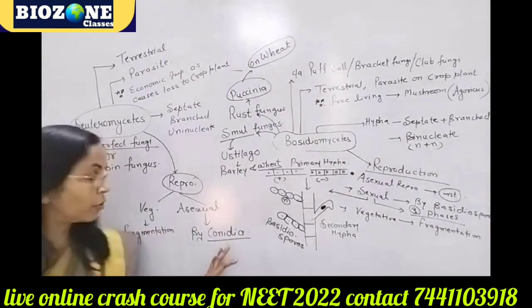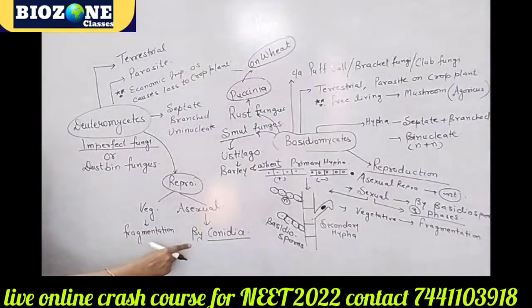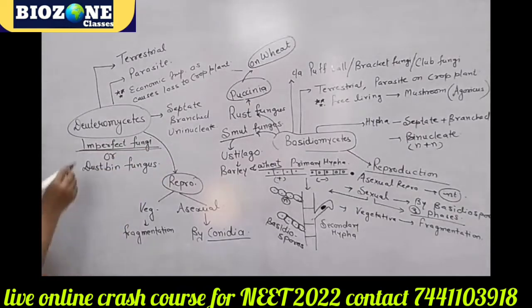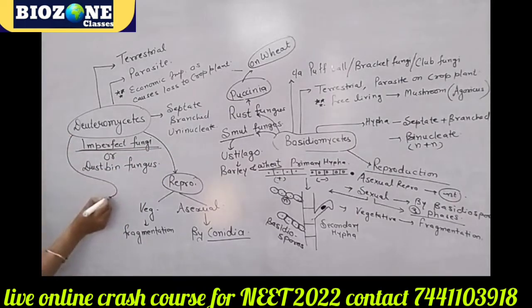So this part you remember. Now conidia is the only the mode of reproduction in case of the Deuteromycetes. Whenever you revise Deuteromycetes, this thing you remember the sexual reproduction is absent. So this word you remember imperfect fungi.